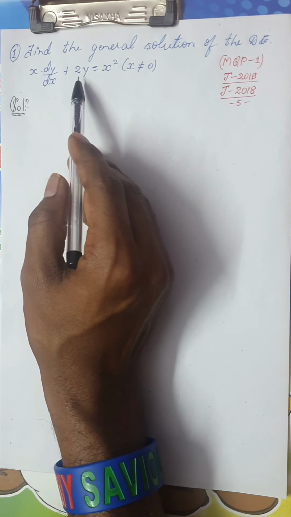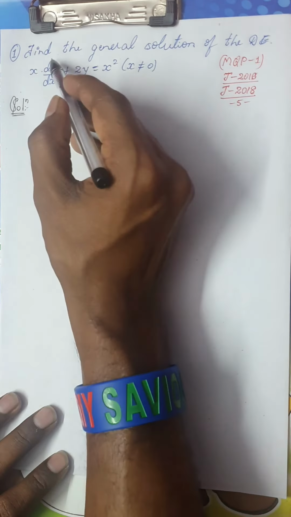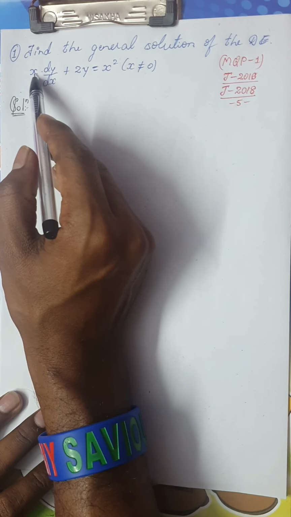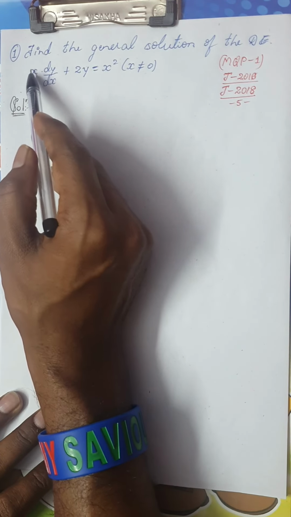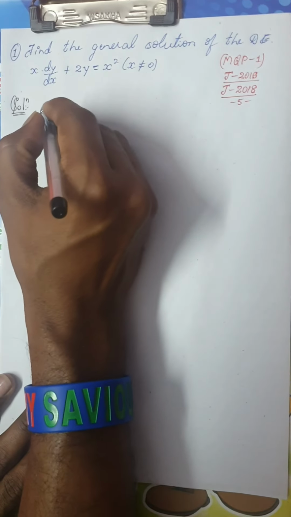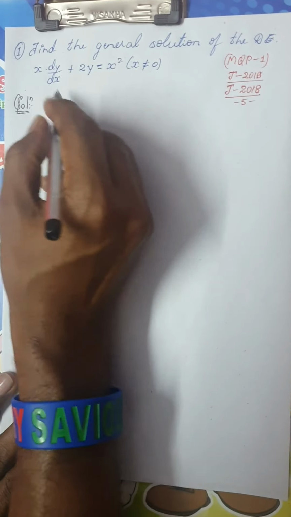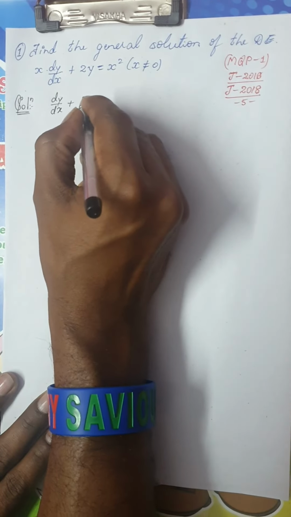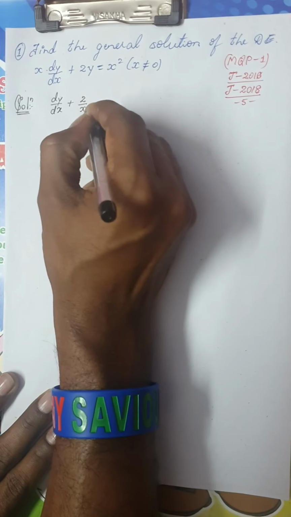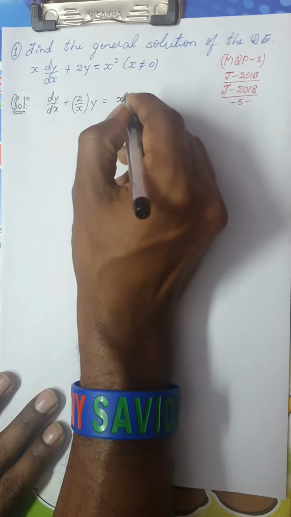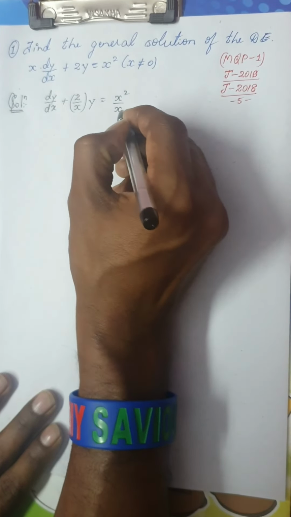How do you bring it to the standard form? Very, very simple. Whatever the term dy by dx is, along with that, whatever term you have, just divide this term throughout and see what you're going to get. So you will get dy by dx plus, dividing throughout by x, 2 divided by x into y is nothing but x square divided by x.